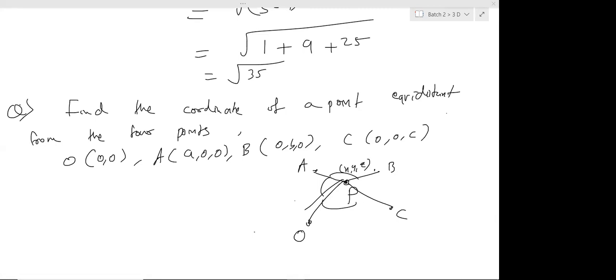Mazia, is this clear? Yes. All right. Peer, Rahman. Yes, sir. All right. Try to solve.